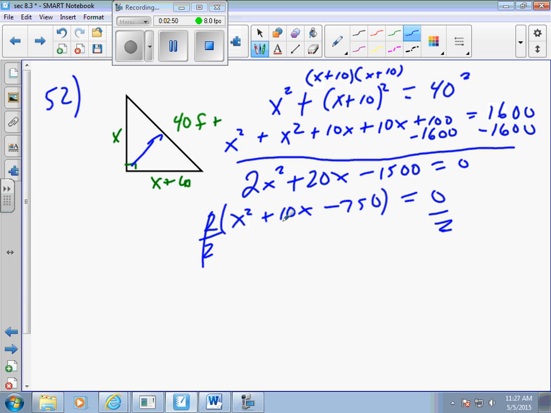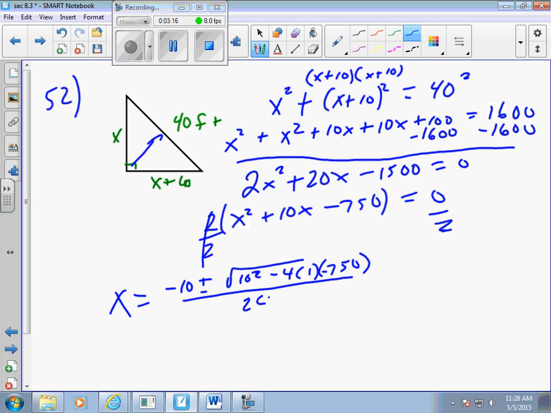All right, so let's use this in the quadratic formula. I get x equals the opposite of b plus or minus the square root of 10 squared minus 4 times 1 times negative 750, all over 2 times 1. And let's see if we can do some simplifying here. 10 squared is 100.